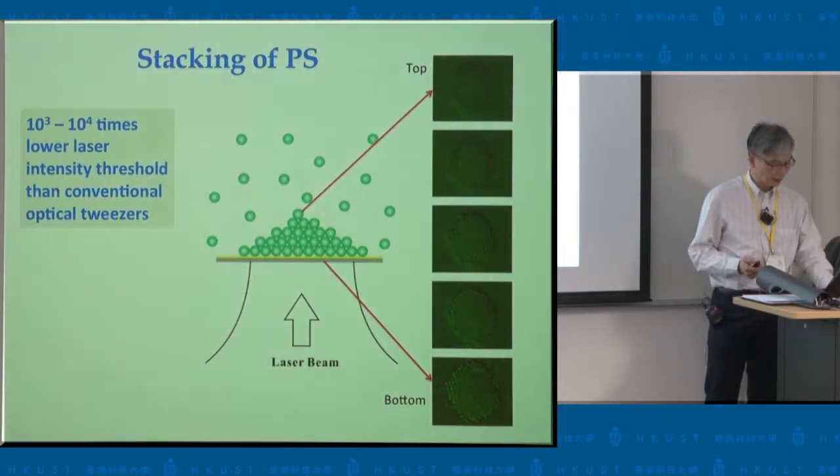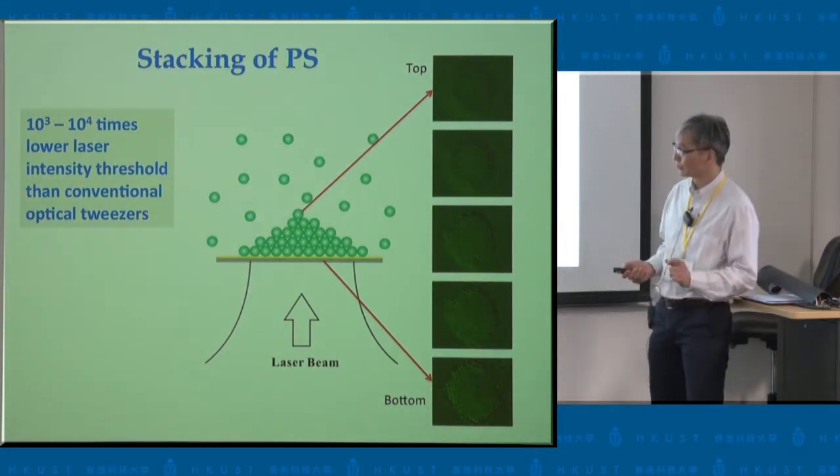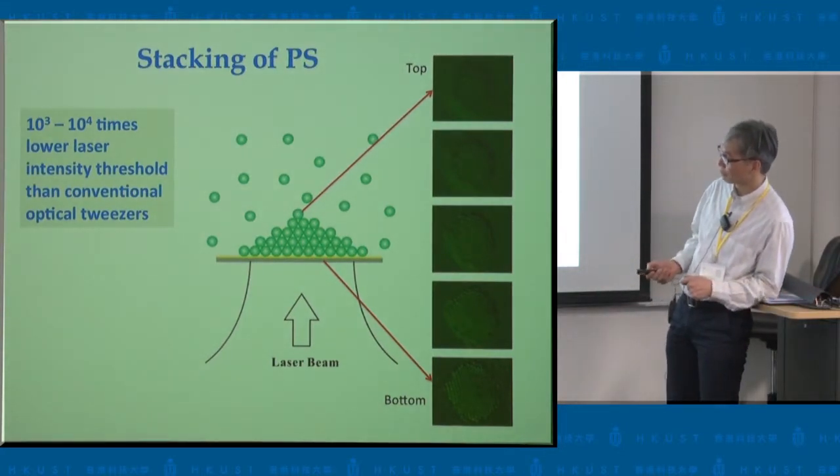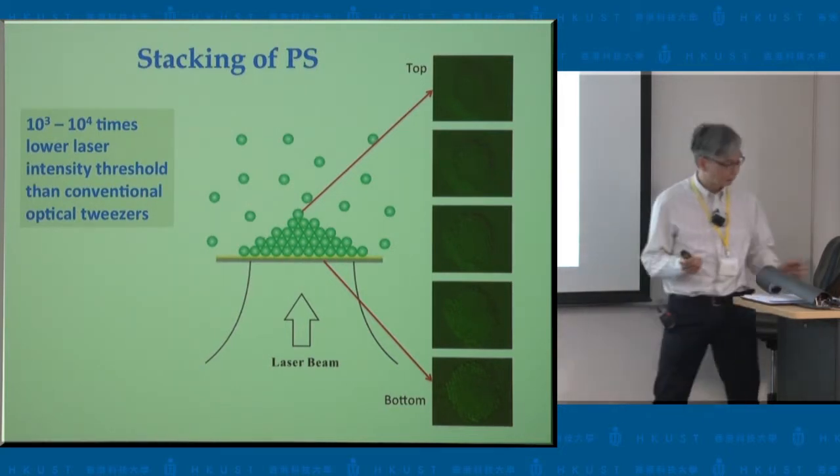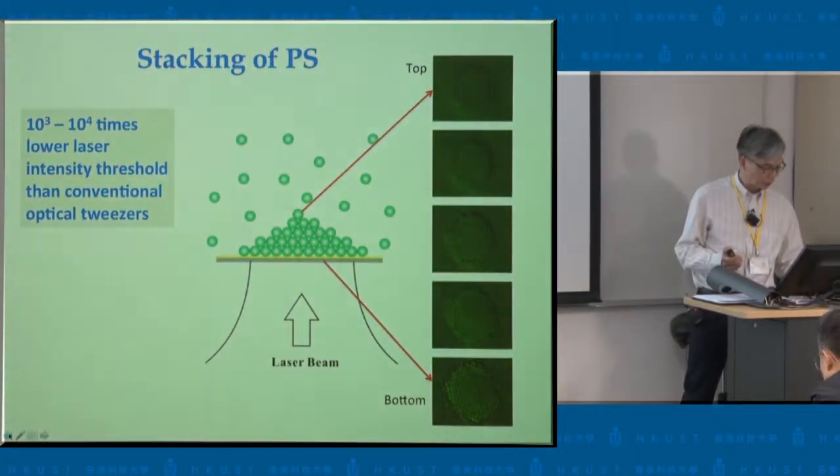And then you shine light to this nanostructure from the other side, and you see that the localized field, which is on the surface, the gradient field will actually trap beads in water. Very efficient. You're talking about 10 to the 3 to 10 to the 4 times better than conventional optical tweezers. Very low power requirement. And this is a video which we captured.